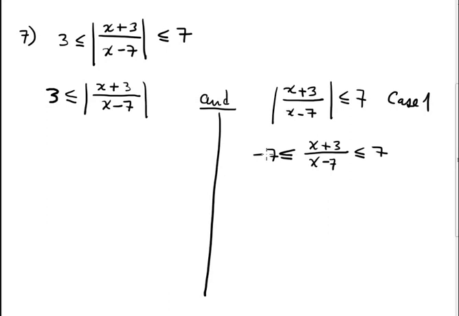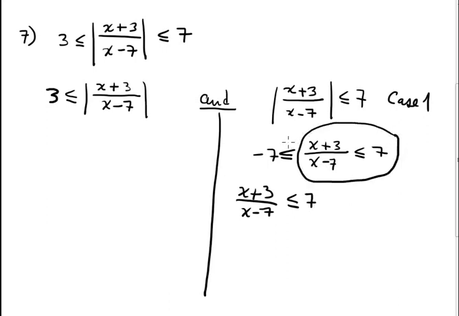Again, we separate this problem into pieces. One piece is x plus 3 over x minus 7 less than or equal to 7. This is one problem. The other problem we connect by "and" again.